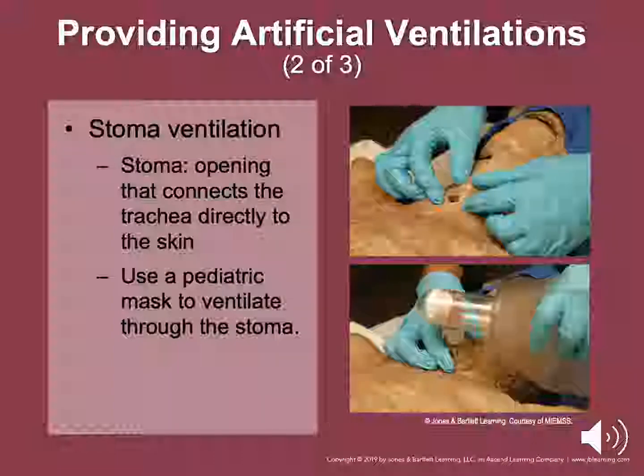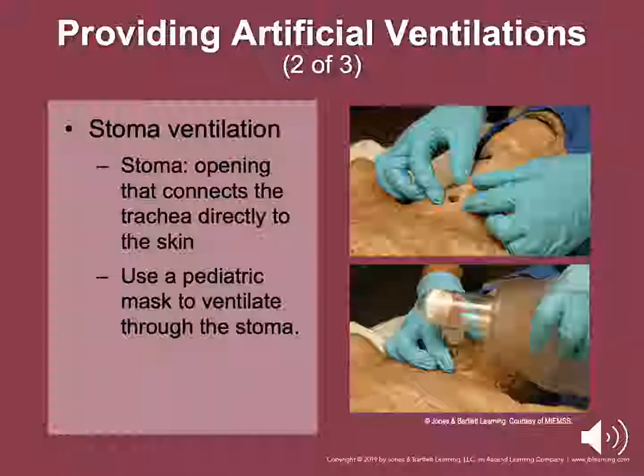Stoma ventilation. A stoma is an opening that connects the trachea directly to the skin. Patients who have undergone a laryngectomy often have a permanent tracheal stoma at the midline of the neck. Patients with a stoma should be ventilated with a bag-valve mask or pocket mask device placed directly over the stoma.